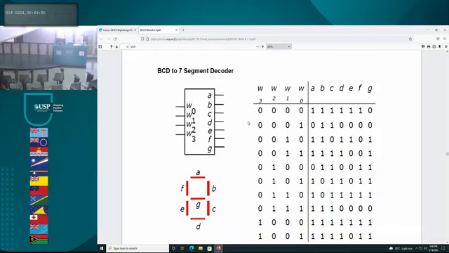They will be off. So for number 3, 0011, A is 1, B is 1, C is 1, D is 1, G is 1, but E and F will be 0. In that particular way, that is your truth table. We then come up with how many outputs, guys? How many outputs?